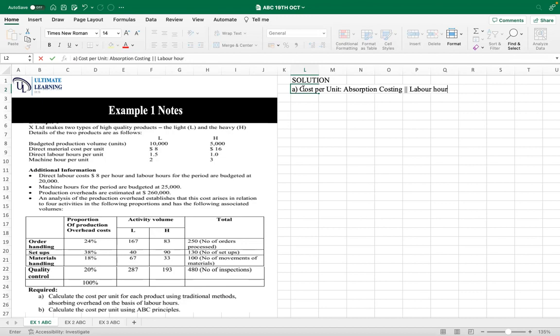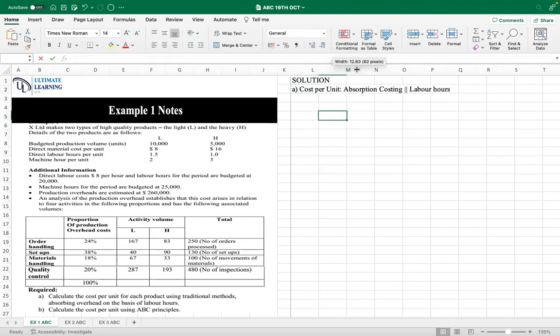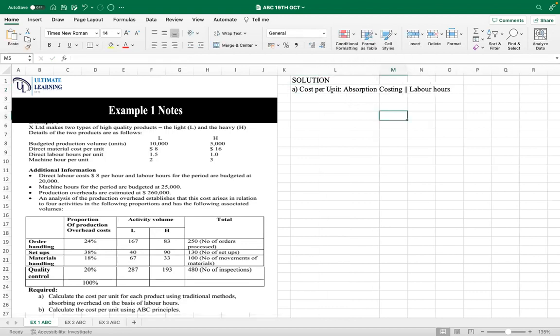So we want to look at what is the cost per unit using the traditional method. Remember, this is the traditional method. In this case, we will have product L and we will have product H. So we want to look at the cost per unit.